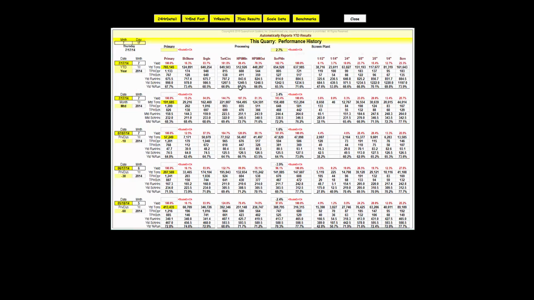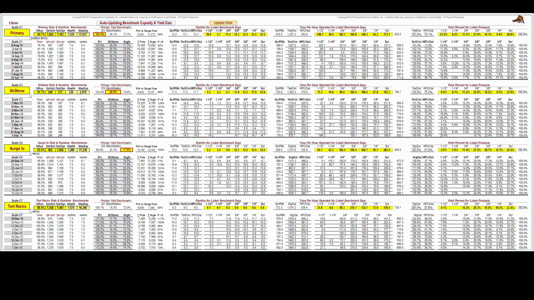It can be seen in the year-to-date data that capabilities in terms of ton per operated hour, ton per scheduled hour, and percent runtime give you an idea of what the as-is issues and limitations might be. You'll also note that the yield detail is accumulated.